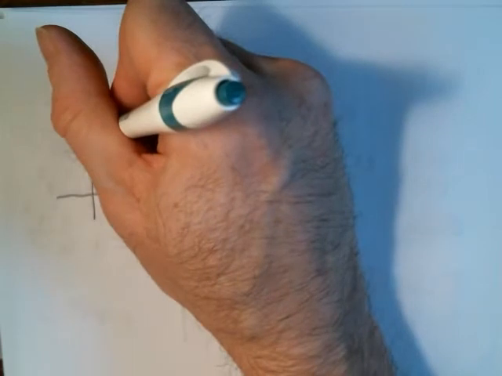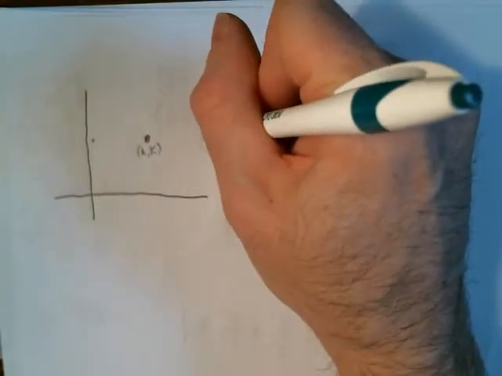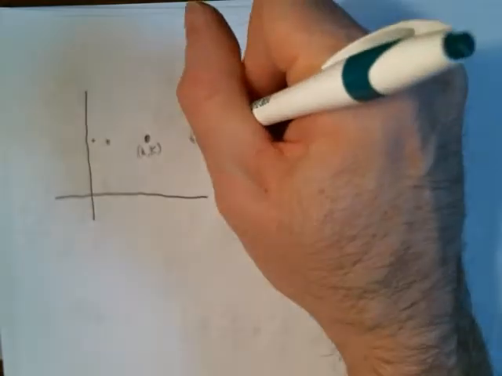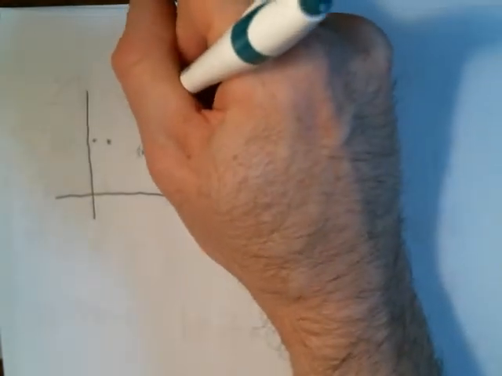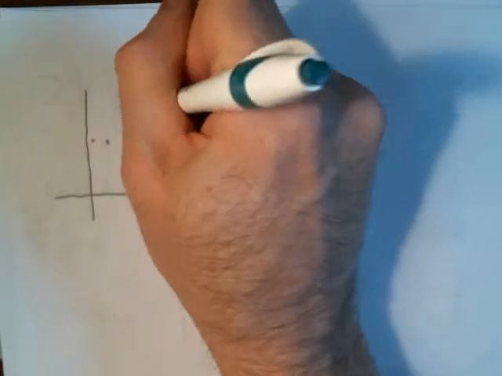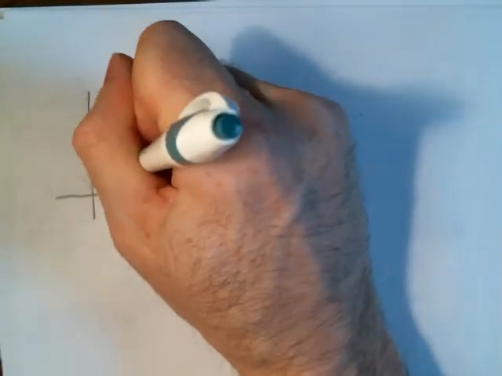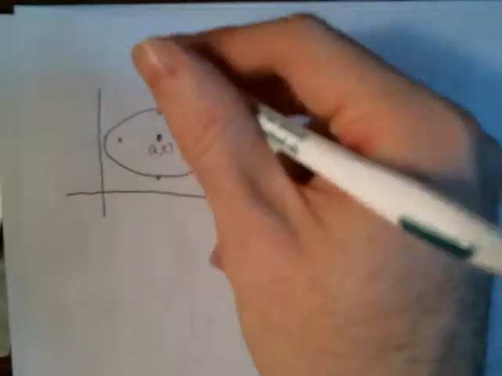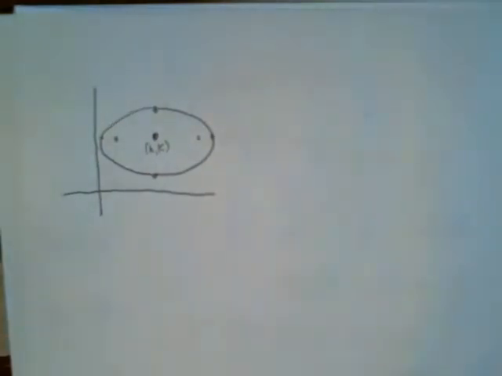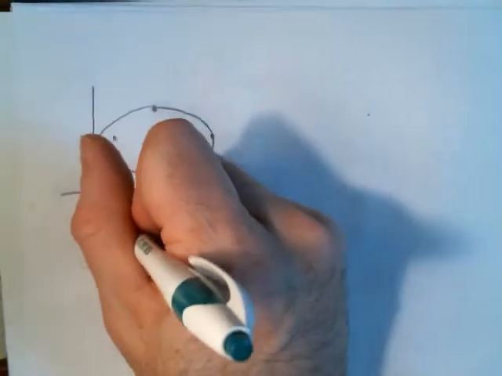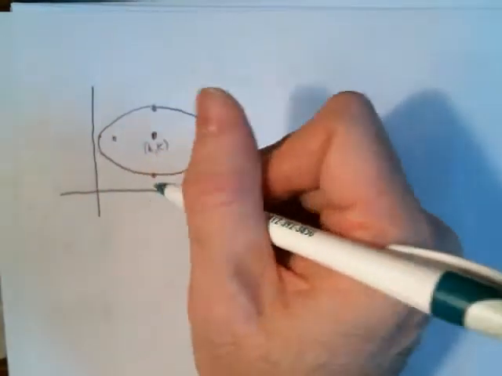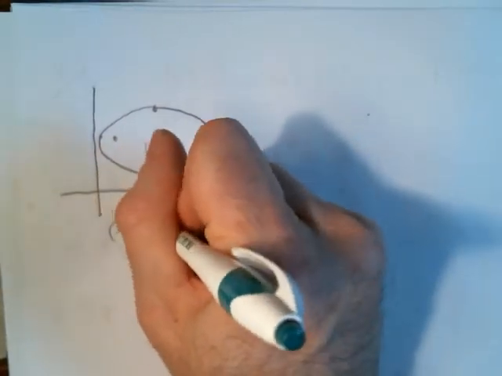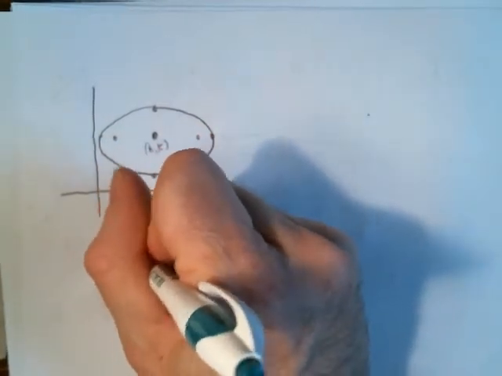One where the major axis is parallel to the x-axis, and that'll be this case, and then one case where the major axis is parallel to the y-axis. So again, the main thing that's going to change here is you just sneak in an h and a k.